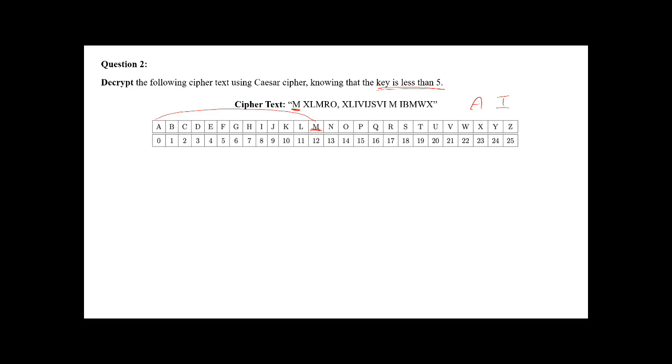So let's try to write the shifted alphabet. Now, I will start with I here, since this is exactly what I want. Then I will continue writing the rest of the alphabet.